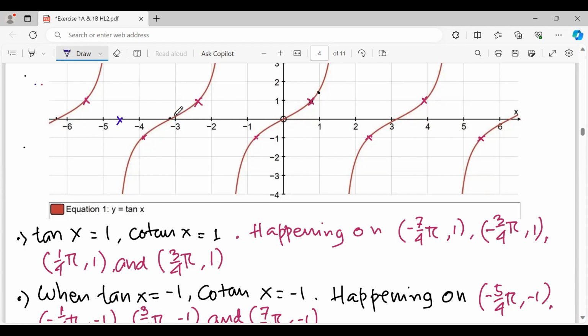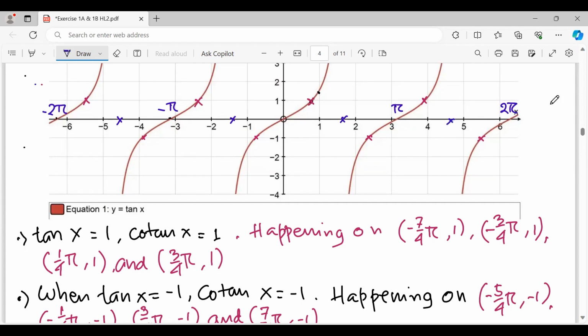Half pi is pi, so pi here, minus 2 pi, positive pi, and 2 pi here. So the intercept point around here. After that, positive half pi around here, and 3 half pi around here.